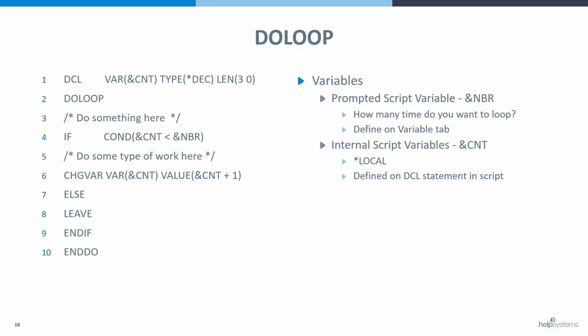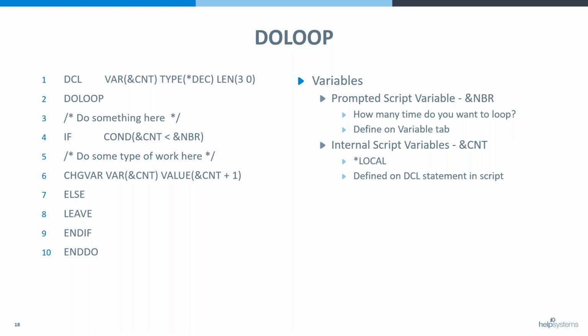The other type of variable is an internal script variable, and that's our &CNT, our count. The reason why that's internal is you won't see it on the variable tab if you're in the script designer. The user will not see a prompt for &CNT when they go to run this request.